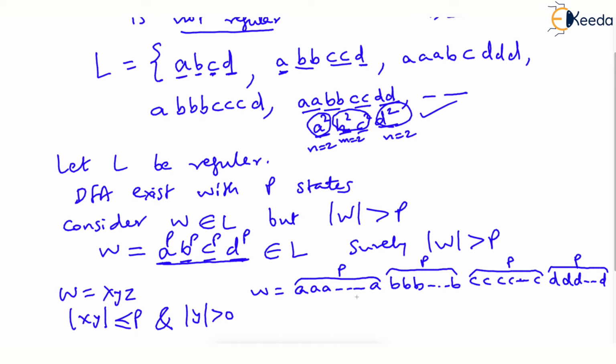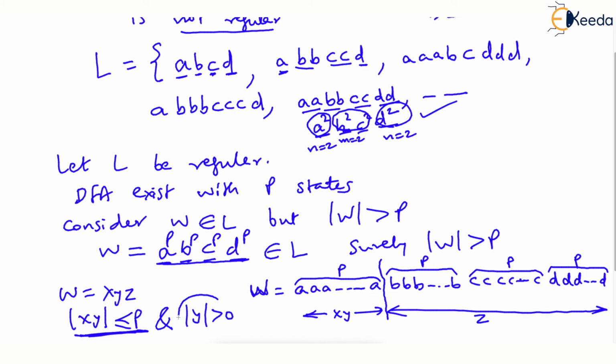This is A raised to P, B raised to P, C raised to P, D raised to P. We want to split this string into X, Y, Z, but the first condition is length of XY should not exceed P. So how about taking these first P letters as XY? This is XY. And rest of these letters is Z.